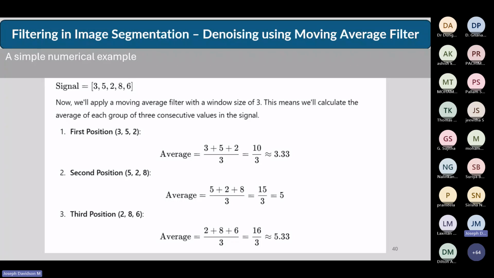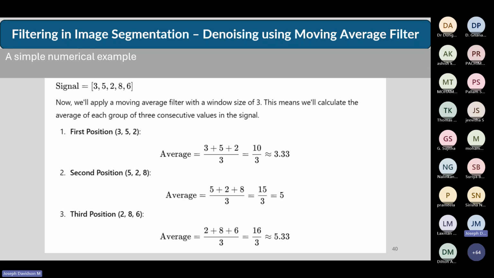Say, for example, at a particular location, the signal is like this: 3, 5, 2, 8, 6. This is the set of signal that we have got. So this is a 3-point moving average system. You take 3, 5, 2, the first three, and average it. It is 3.33. Then for the next, you start with 5, 2, 8. It is 5. Then you take 2, 8, 6. It is 5.33.